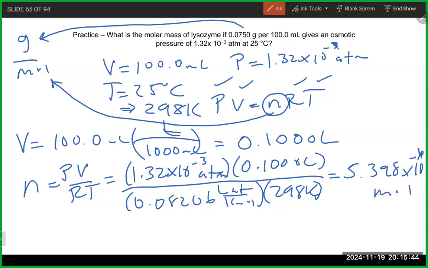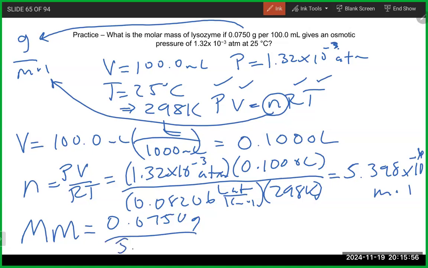Now that we have our grams and our moles, we could get our molar mass, which would be our grams, which was 0.075 grams, divided by our moles, 5.398 times 10 to the minus 6 moles.